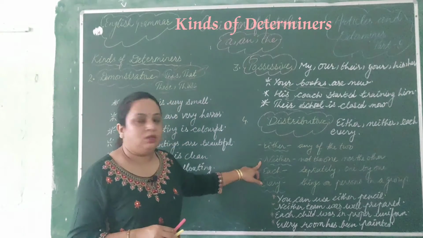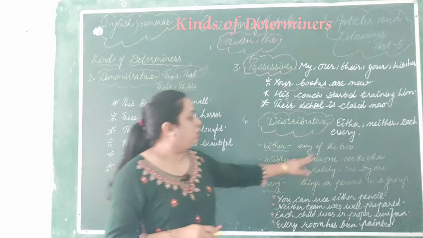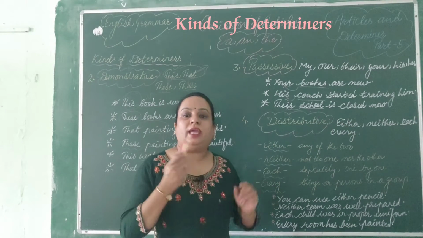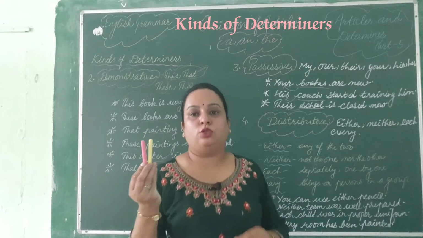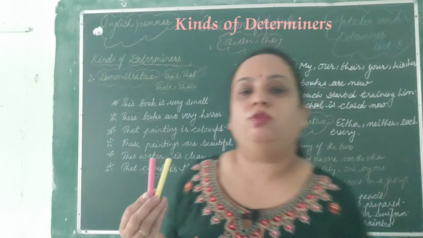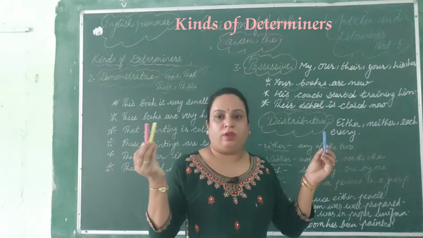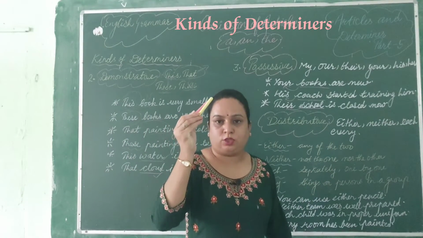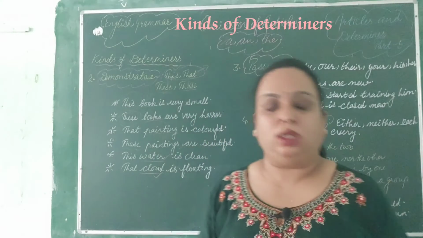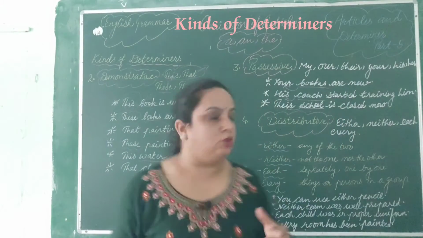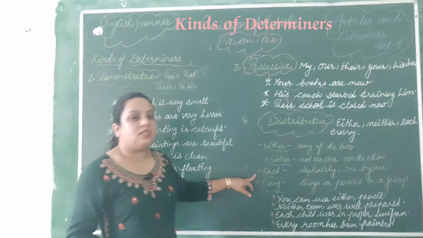Either. Neither, when not the one, not the other, ना तो एक ना तो दूसरा, मतलब आपके पास जो दोनों चीज़ें हैं उसमें से आप कुछ भी यूज़ नहीं करोगे, and you will use the third one. Or when we are not talking about these 2 options, we are talking about something else. So that is known as what? That is the use of neither. Next is each.